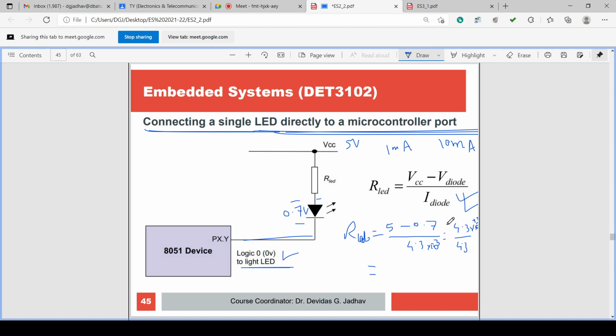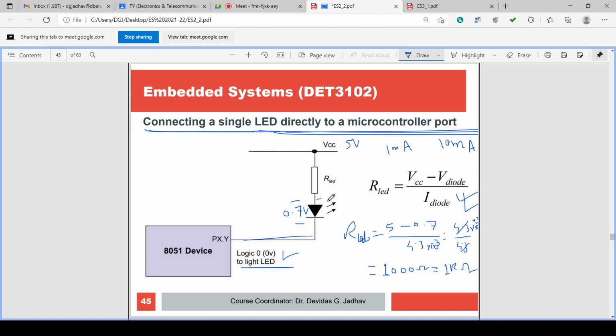So this 4.3 gets cancelled. It becomes 1 into 10 raised to 3. 10 raised to 3 means 1000 ohms, or 1 kilo ohm. In this way, we can take 1 kilo ohm here.